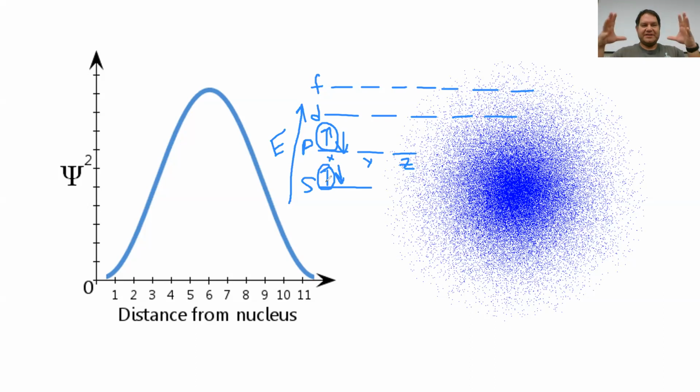If you have an energy level, then you have these subshells that belong within that energy level. You can have S subshells and P subshells and D and F subshells and so forth. In the next lesson, we'll tie this all together. But this is it for now.